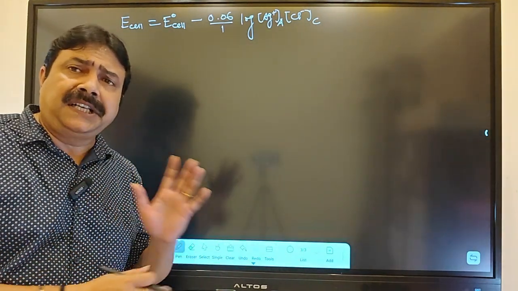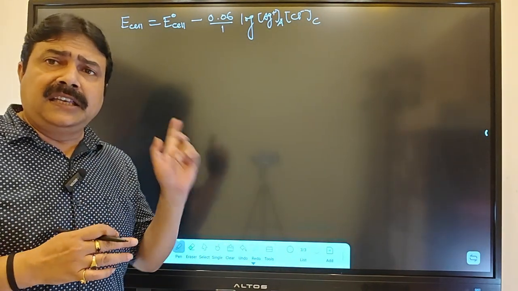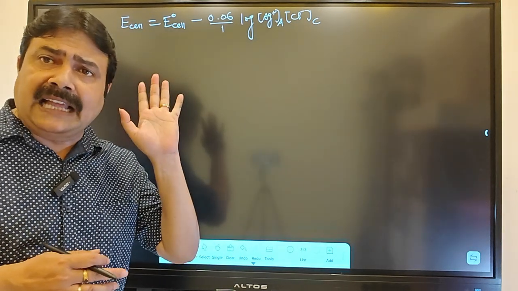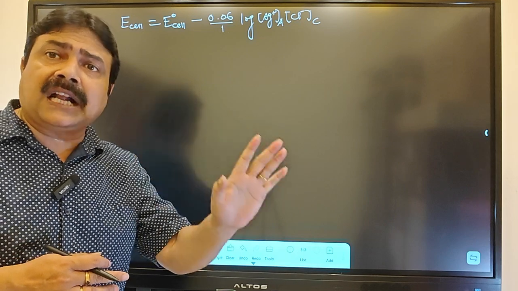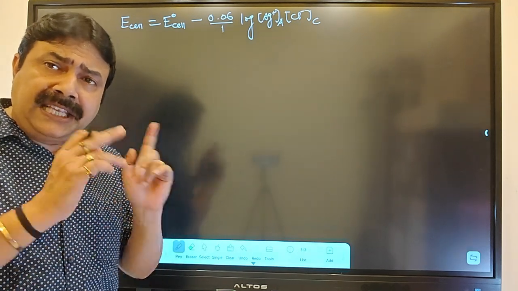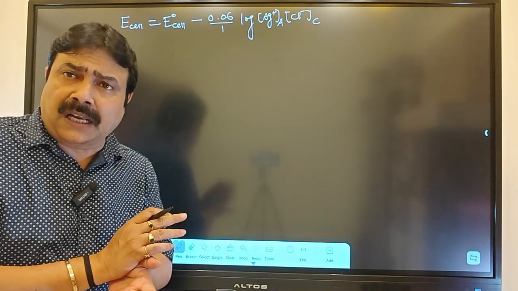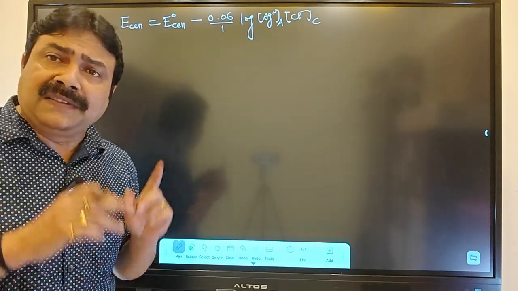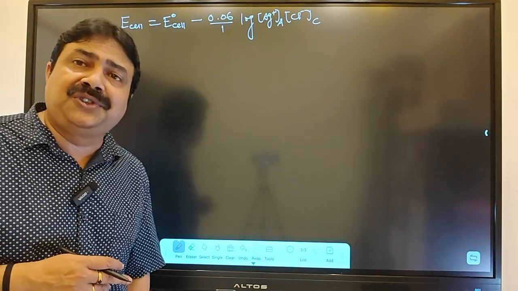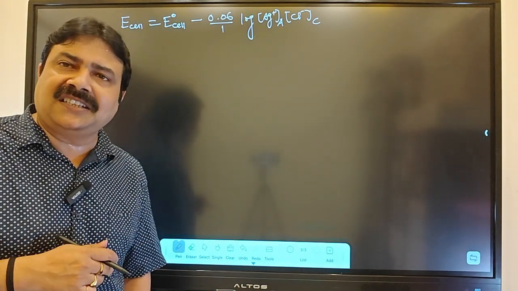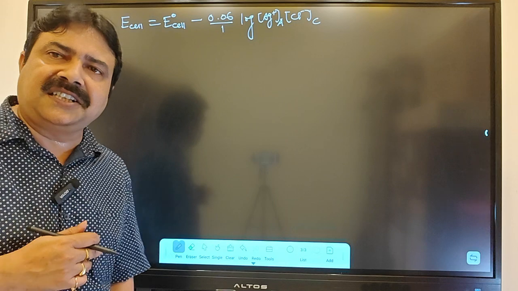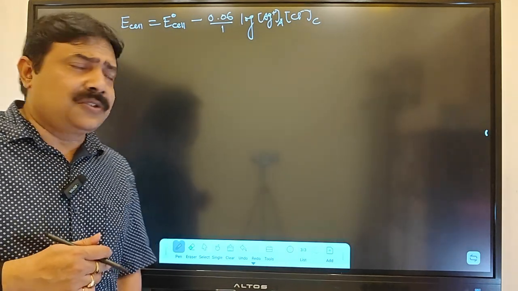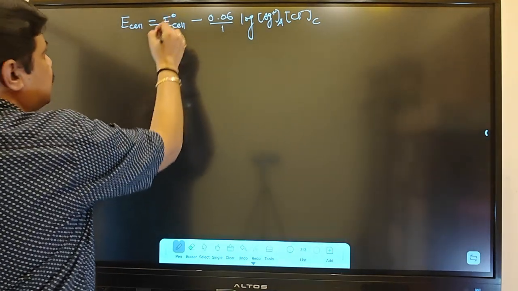As there was a concentration difference of silver ion in anode and cathode, the reaction was feasible, and that's why this galvanic cell is working, as there is a concentration gradient. At equilibrium, the concentration of silver ion in the anode and in the cathode will be equal, and only then E cell will be equal to 0. That means the rate of the forward reaction and the rate of the backward reaction will be equal. That's why E cell will be equal to 0. So now I am taking equilibrium conditions.